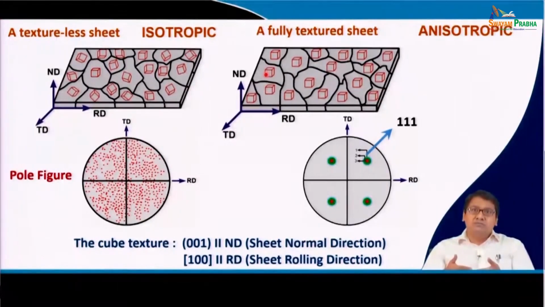100 axis, family of axes 100, 010, 001, then this kind of texture is known as cube texture or cube component. It has 001 parallel to ND, that is the sheet normal, and 100 parallel to RD, that is the sheet rolling direction.